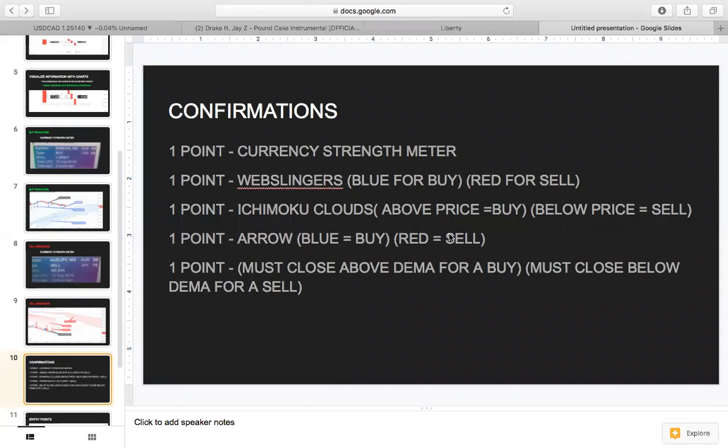Now, 1 point. If the arrow is blue, it equals a buy. If the arrow is red, it equals a sell. Now, 1 point. Price must close above the double EMA for a buy, and price must close below the double EMA for a sell.